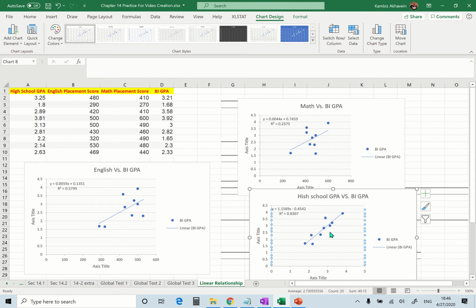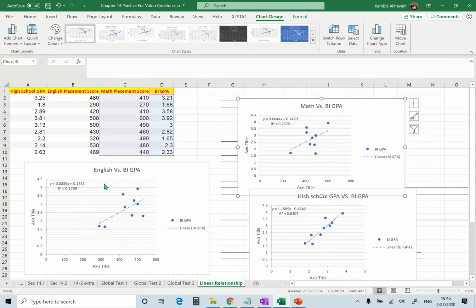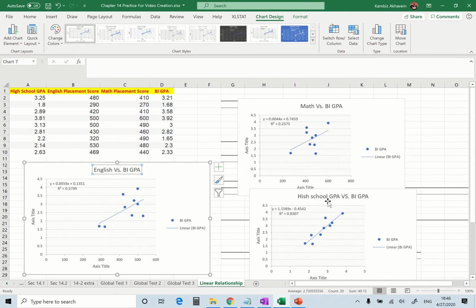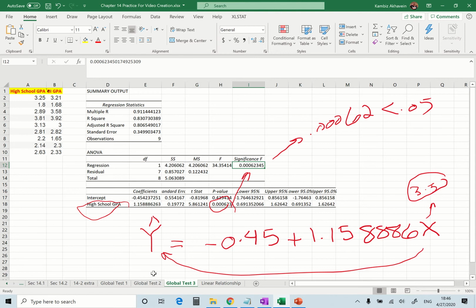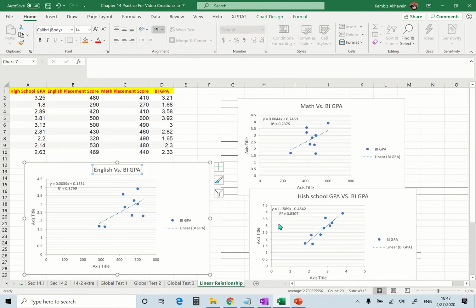The points are pretty close. No wonder at the end I ended up rejecting math and English scores. Remember that? And we just took the high school GPA. So that's checking to see if in fact there is a linear relationship.